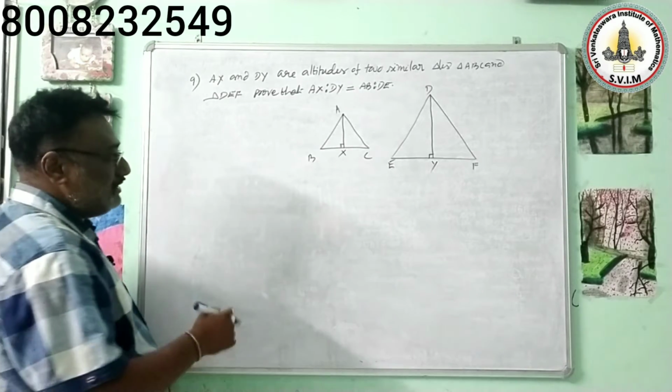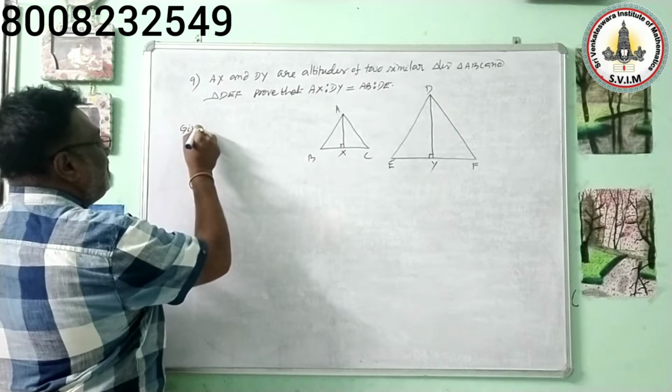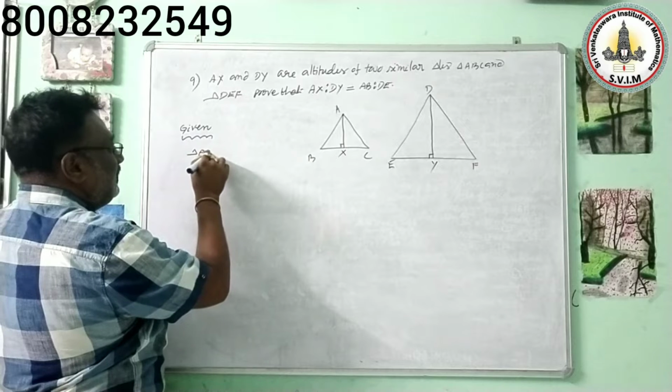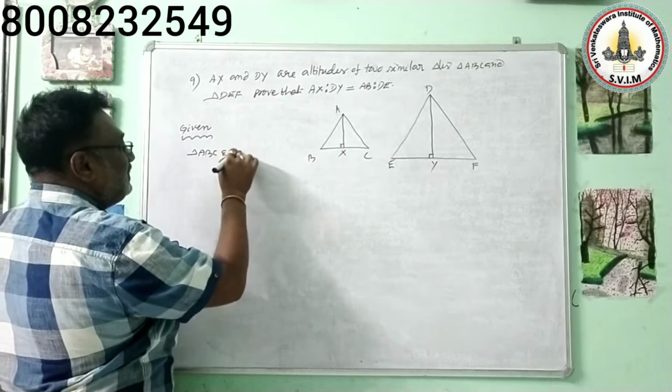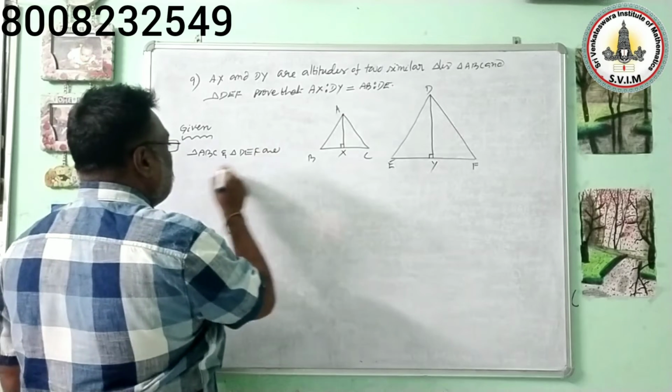That's all. Now listen to me. Here first you need to write the given information. What is the given information? Triangle ABC and triangle DEF are similar to each other.